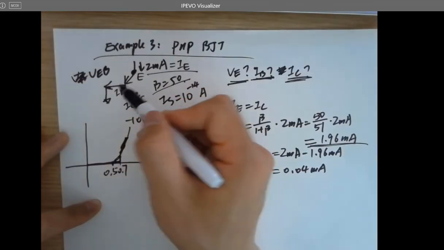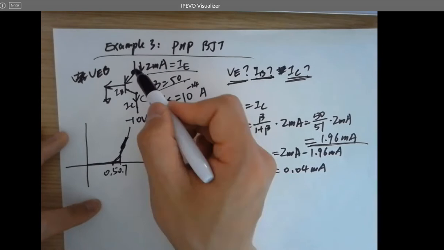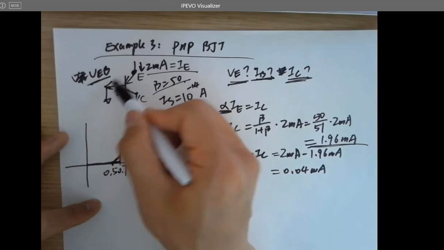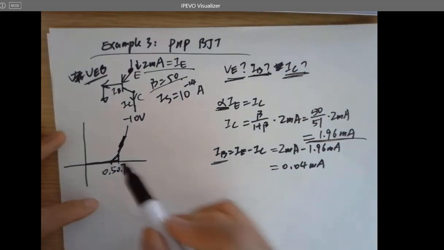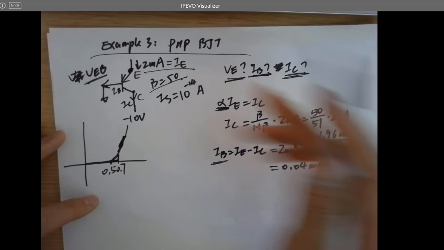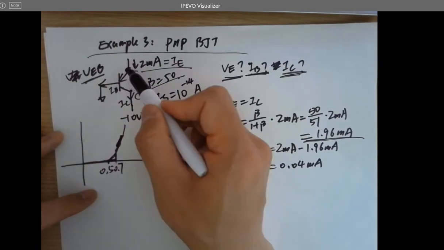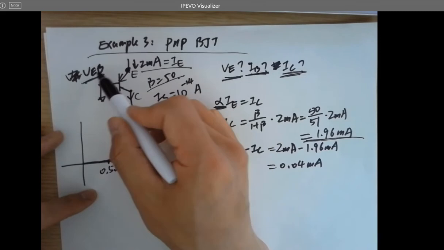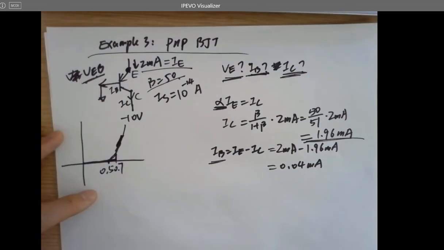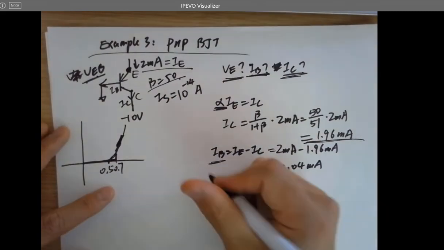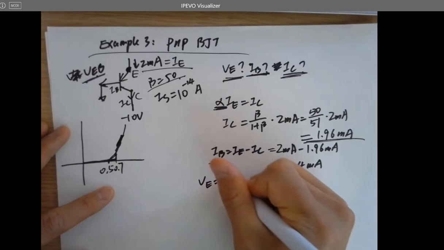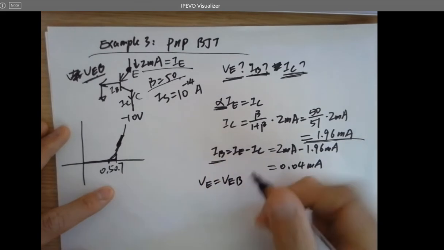That's for PNP, but for NPN, it's VBE. And because the base terminal is already grounded, whatever VE is going to be the same as VEB, and follow the same rules.